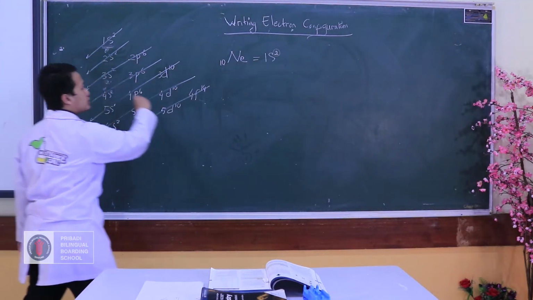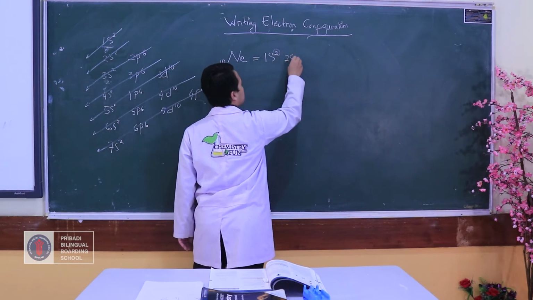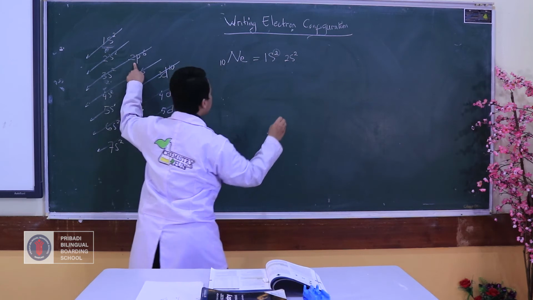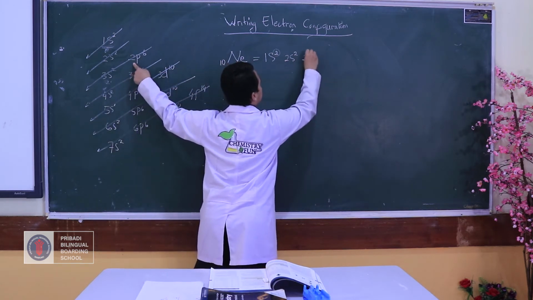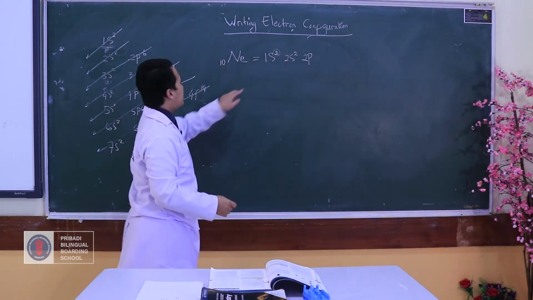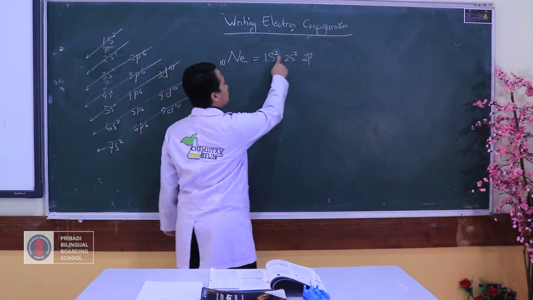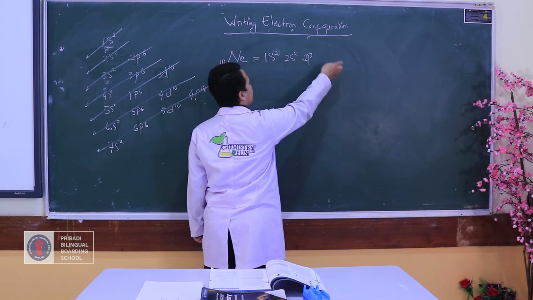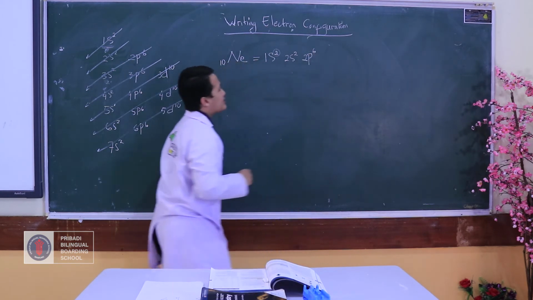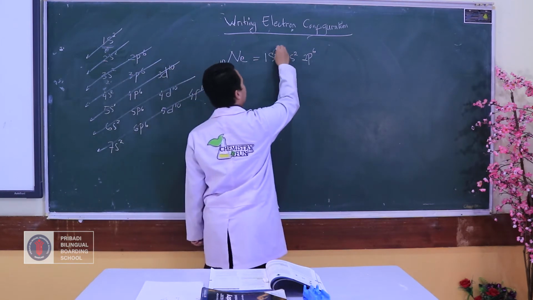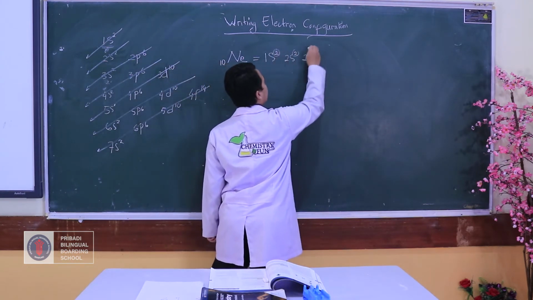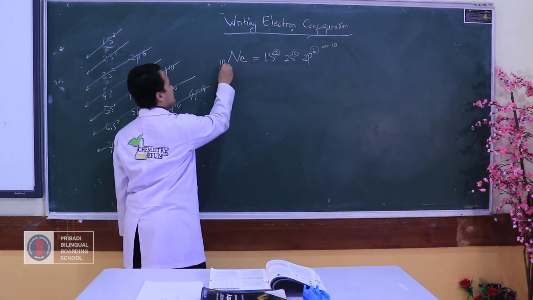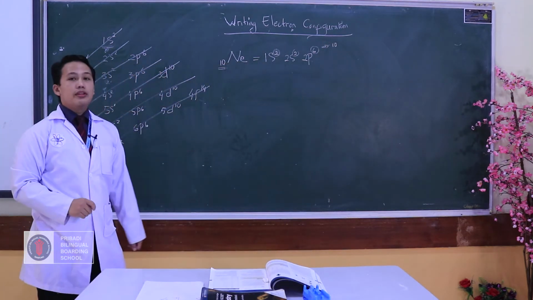And then we continue to write 2s2. And then after 2s2, 2p6. But here, let's count the number. 2 plus 2, 4. And then we have 2p, it must be 2p6. So the total of these will be 10, the same number as the electron number of neon.